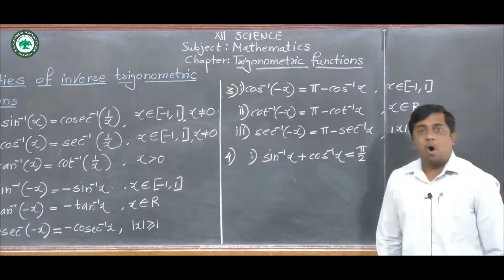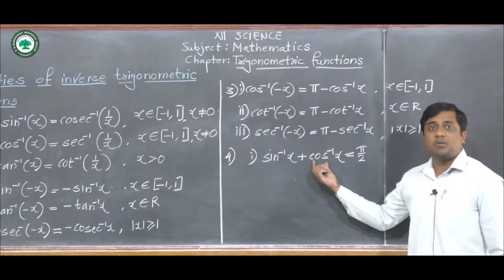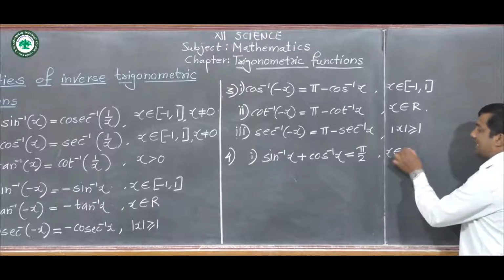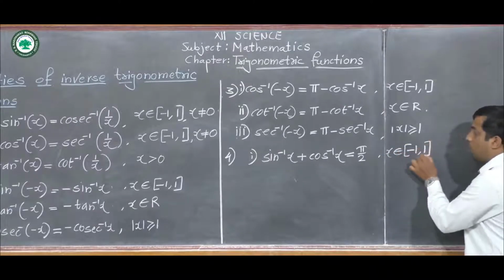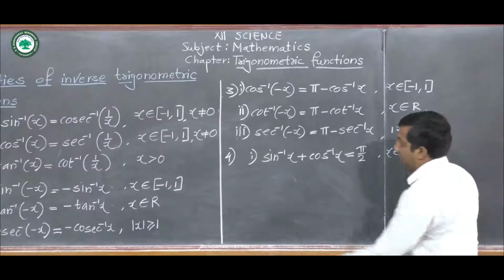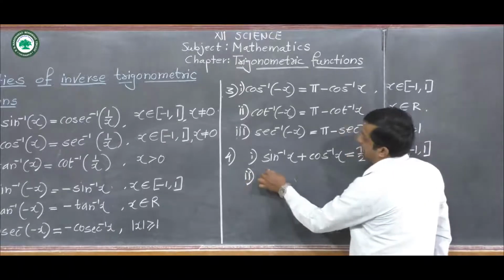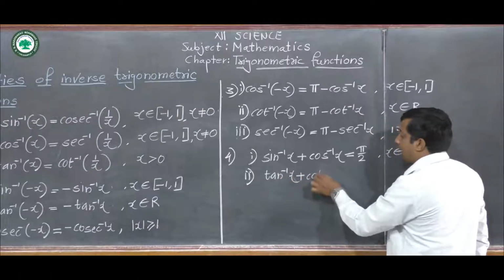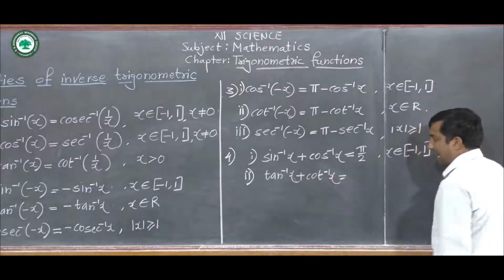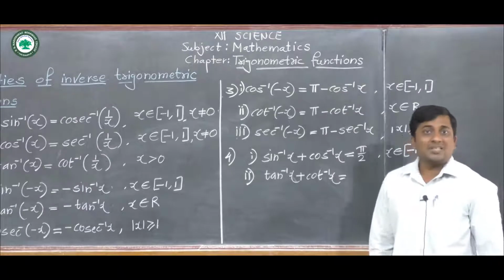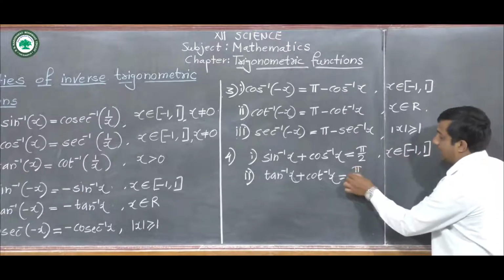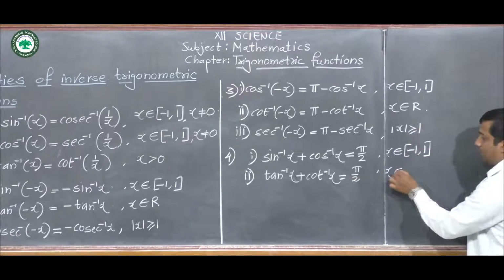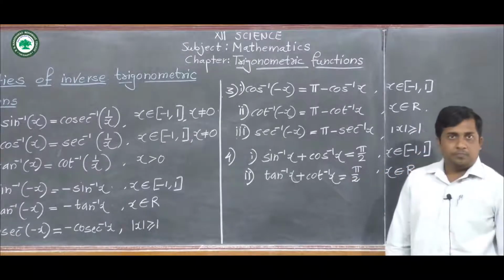That is, the addition of sine inverse of x and cos inverse of x is always pi by 2, where x belongs to the closed interval minus 1 to 1. Second, we consider tan inverse of x plus cot inverse of x. The addition of these two inverse trigonometric functions is again pi by 2, where x belongs to R.